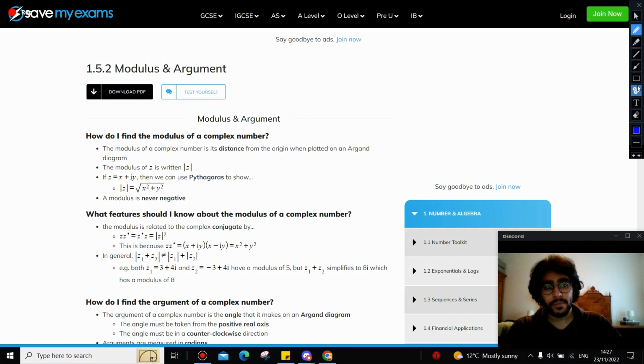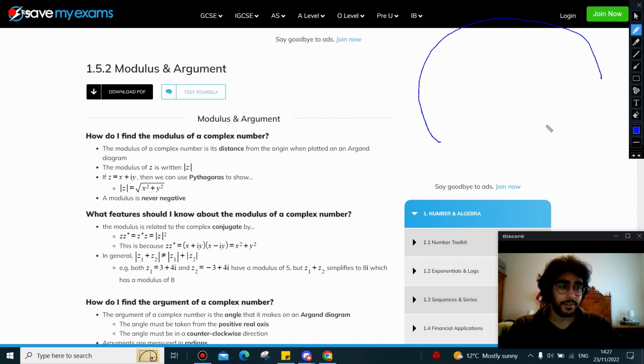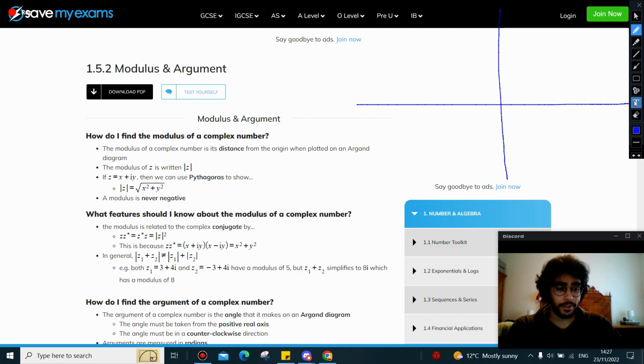Okay, how does it work? Well, we define complex numbers geometrically on an xy coordinate in the following way. Let's say that this is your xy coordinate. Your x-axis will be your real part, and your y-axis will be your imaginary part.